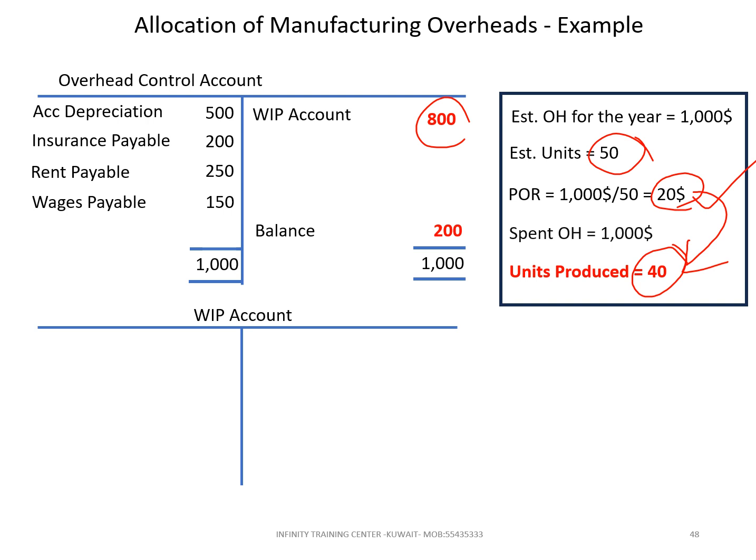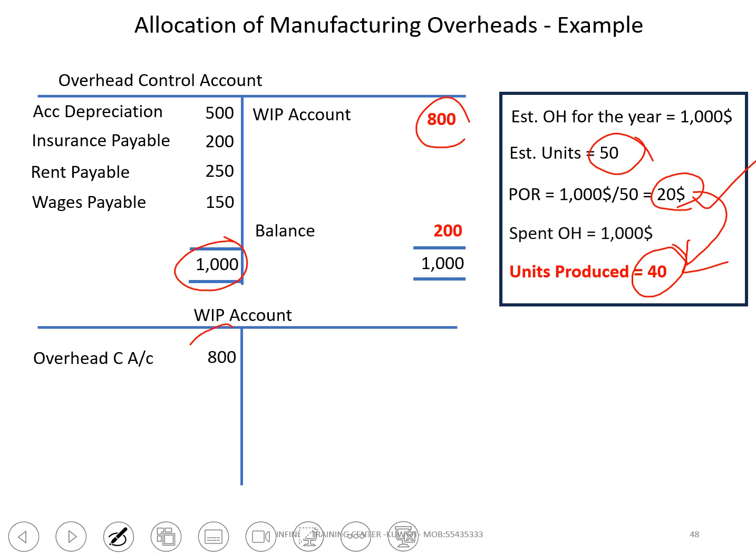So you have a balance of 200 now, which is not sent to work in progress. Actually you spent $1,000, but you didn't send this $200 to work in progress. Now again there is a difference, because work in progress got only $800, whereas you spent $1,000.